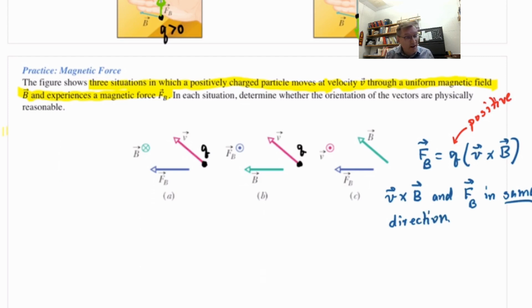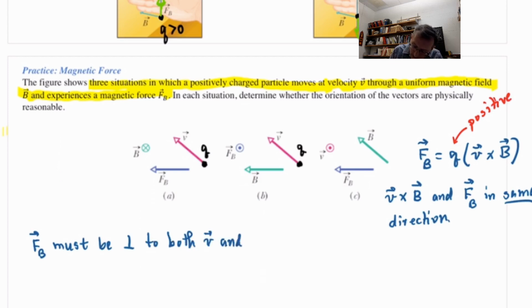If that's not true, the picture's wrong. Also, F magnetic must be perpendicular to both V and B. So let's go through these case by case, A, B, C, and see if the picture is correct.